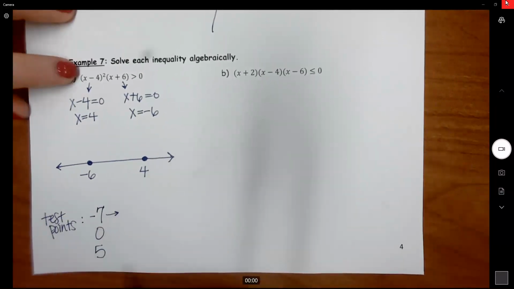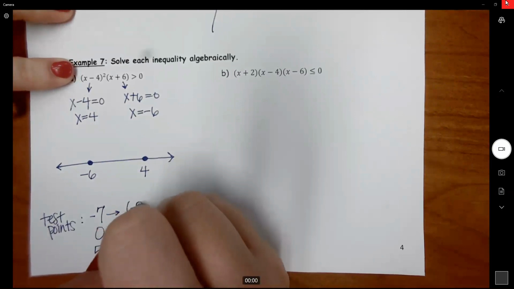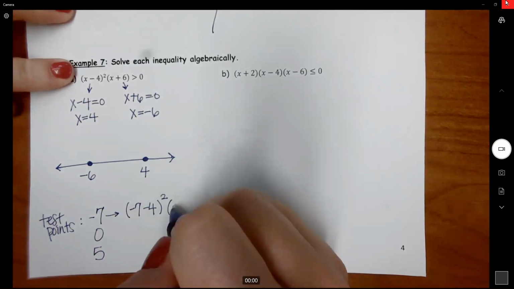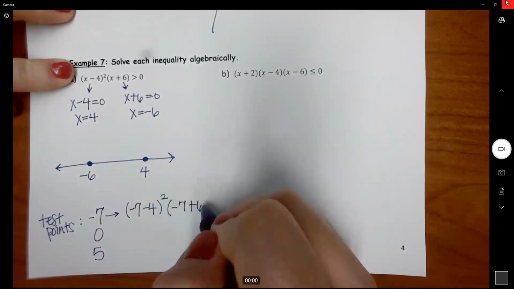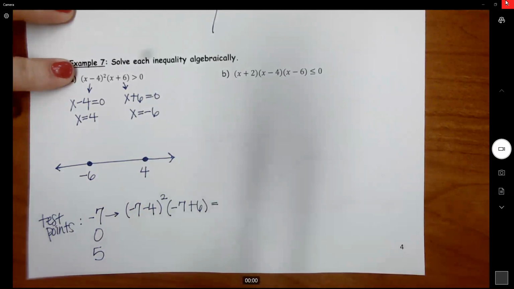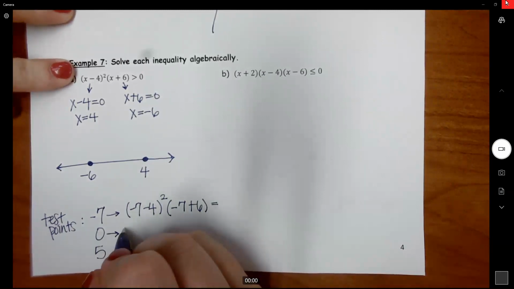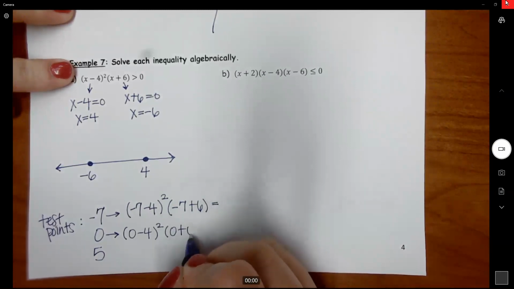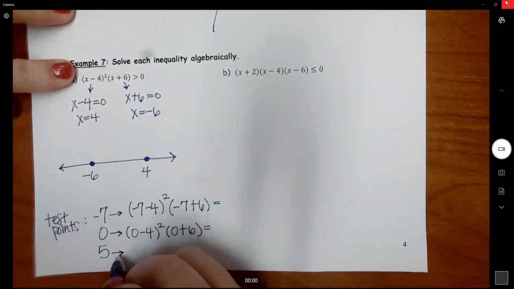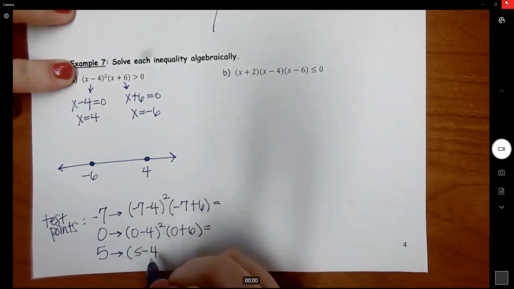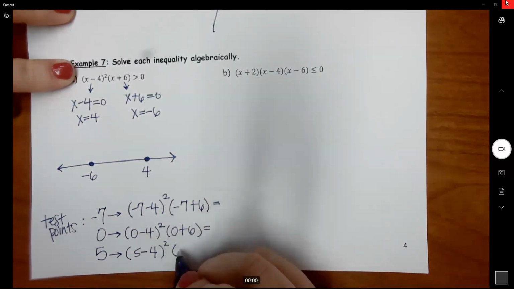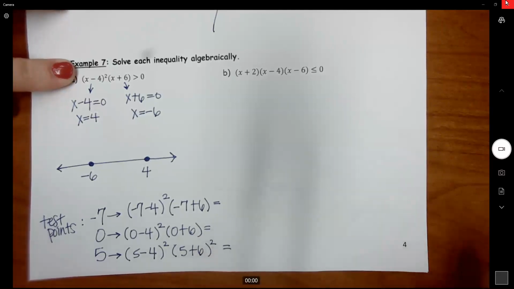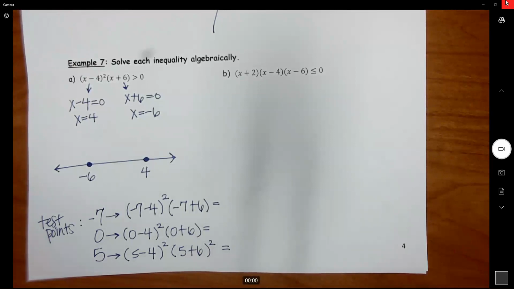Okay, when I plug in -7, I go -7 minus 4 squared, -7 plus 6. We're going to plug in all of these. And then we're going to put them in our calculator.